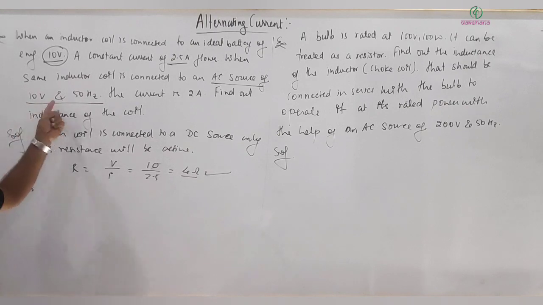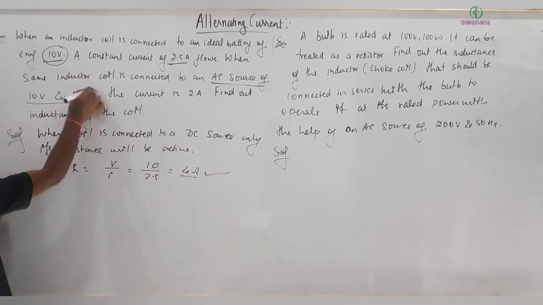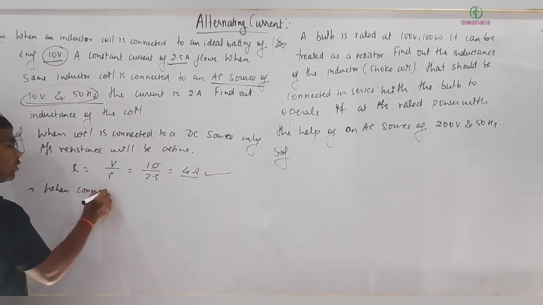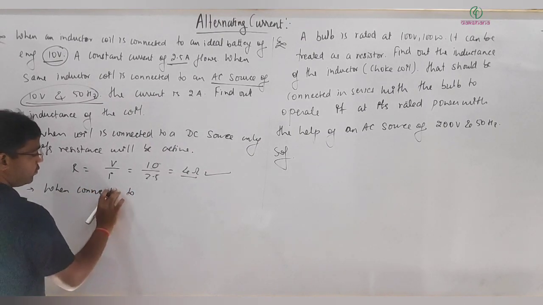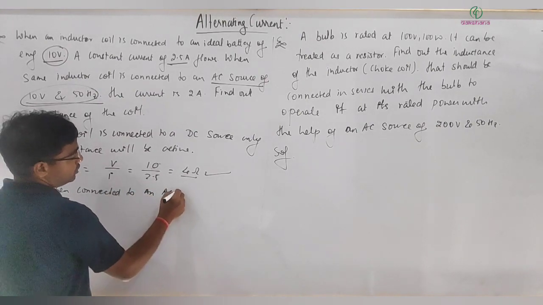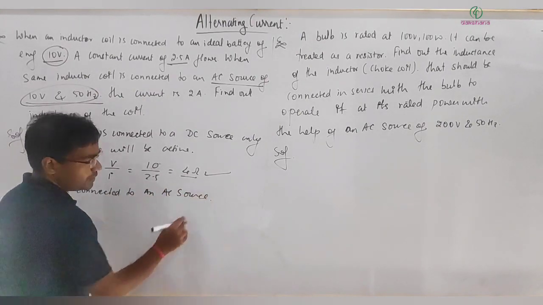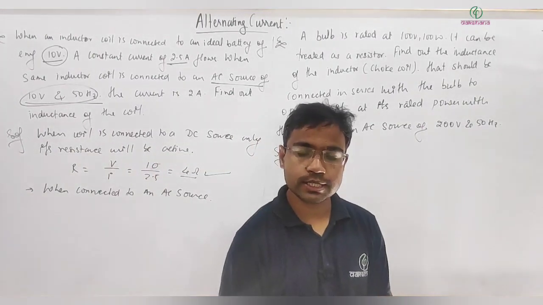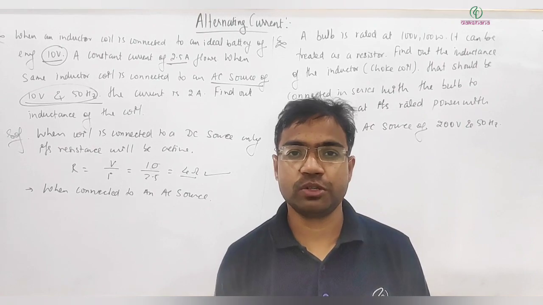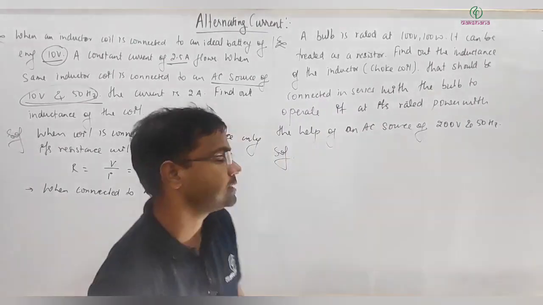Next thing is, when it is connected to an AC source, then the coil also has resistance and it also has inductance. So which one will be effectively working here? You must be already clear about it. It must be impedance, right?